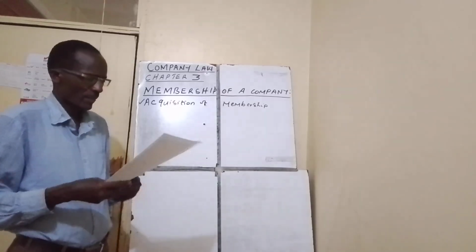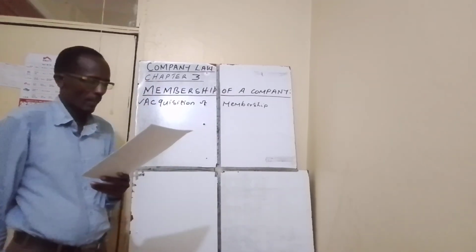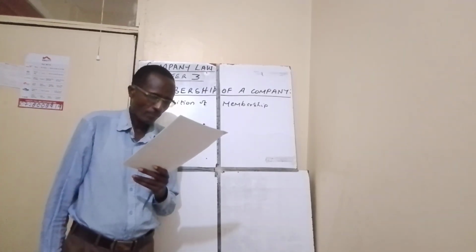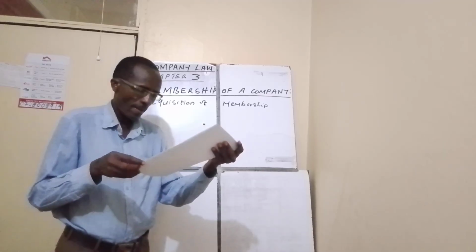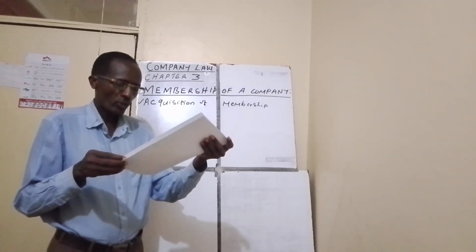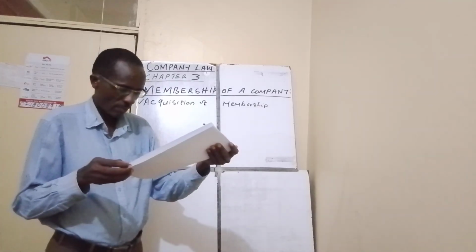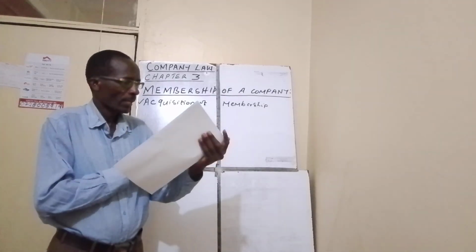These are the ways of acquisition of membership. One, subscribing to the memorandum of association. Number two, by application and allotment. Number three, transfer from an existing member. Number four, transmission on death of a member. Number five, transmission on bankruptcy of a member.